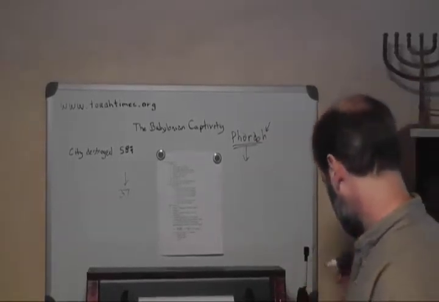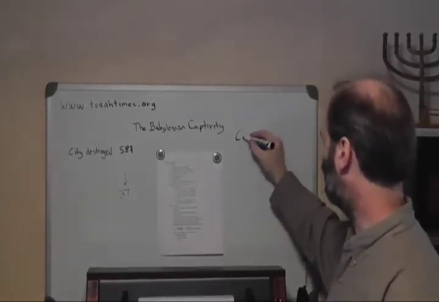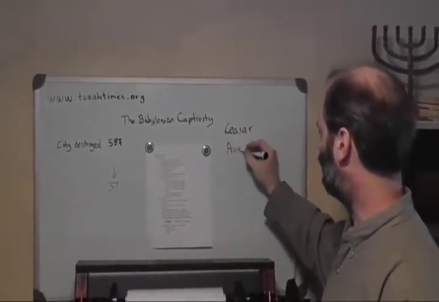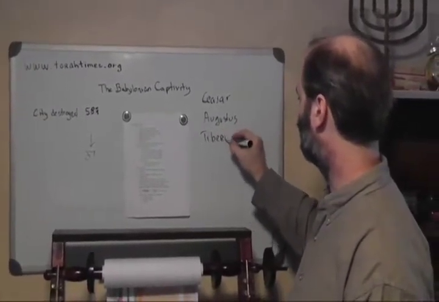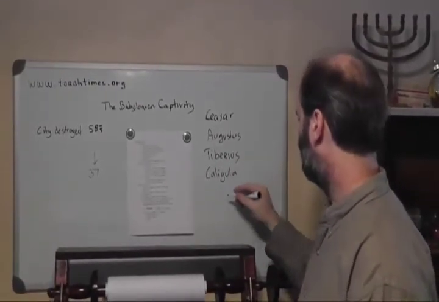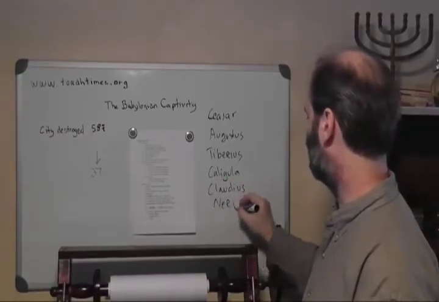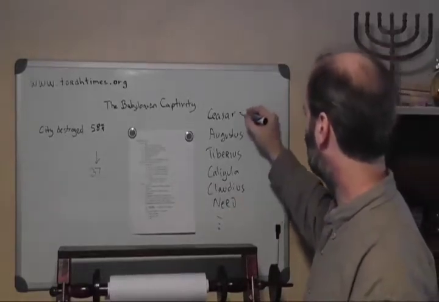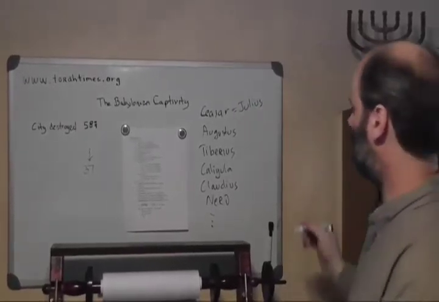We also have the example, if I make a list like this for you: Caesar, then I write Augustus, then Tiberius, then Caligula, then Claudius, and I think Nero comes after that, and then some minor emperors. The Caesar here, of course, his first name is Julius Caesar, but often referred to as Caesar.